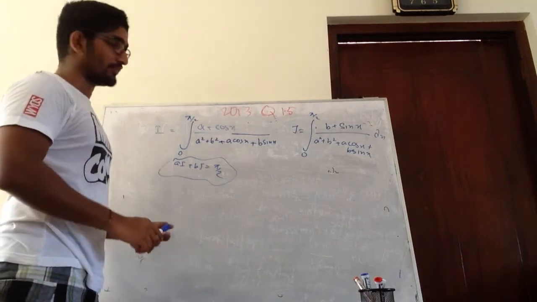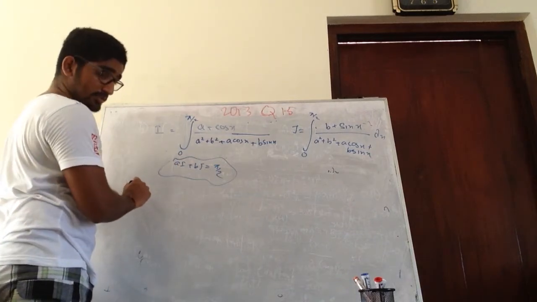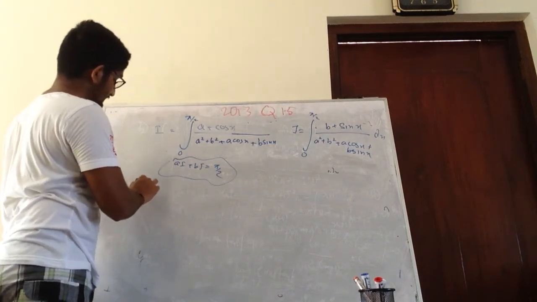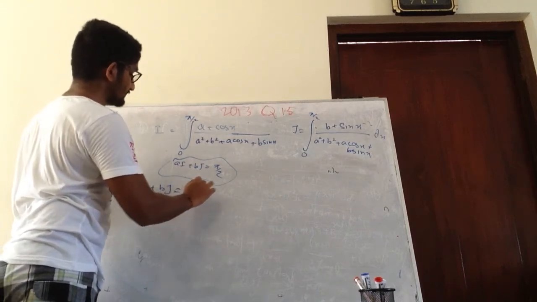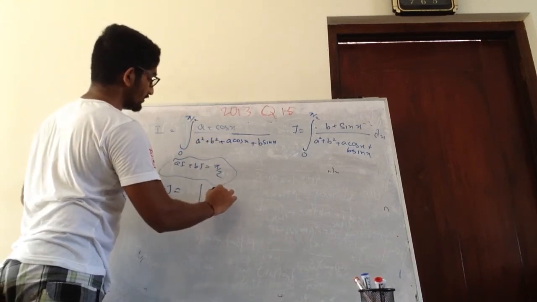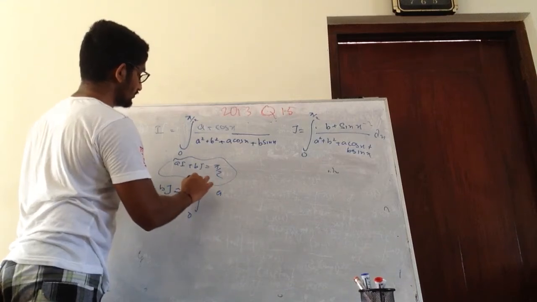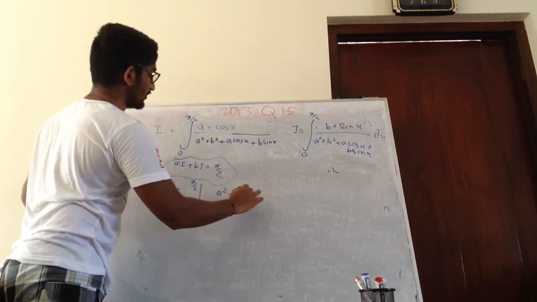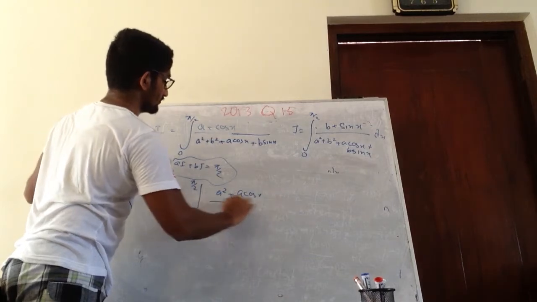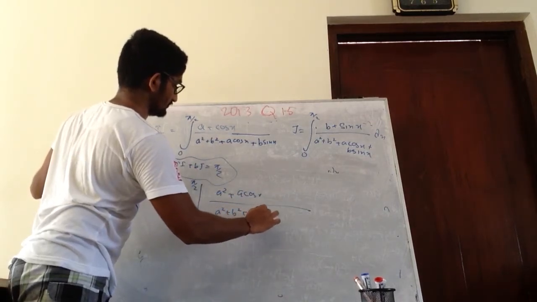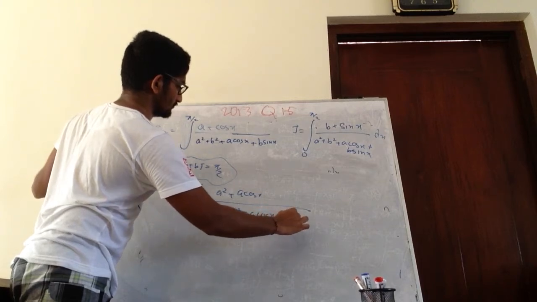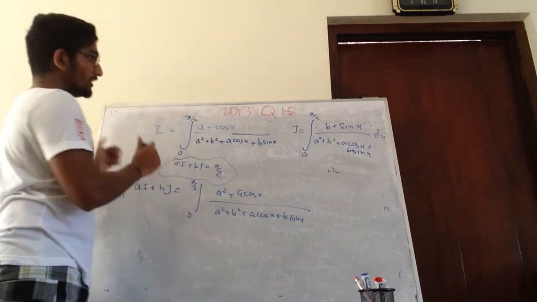Then you take aI plus bJ, no? So what is aI? Basically a squared plus a cos x, integrated from 0 to 5 over 2. So what is bJ?